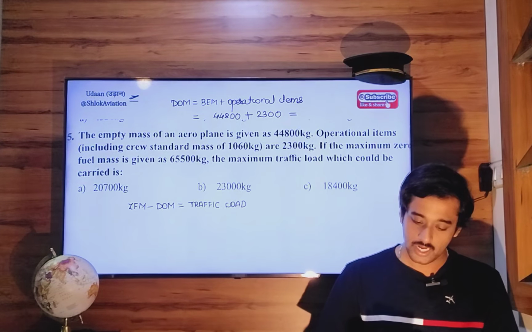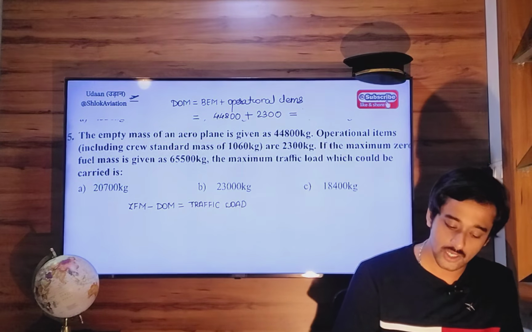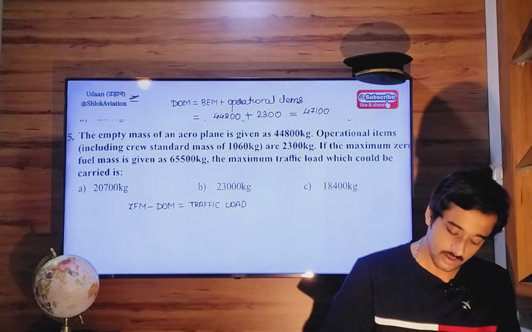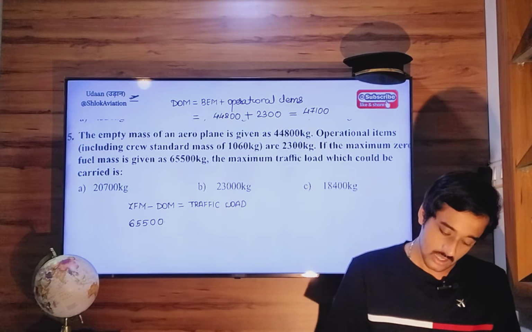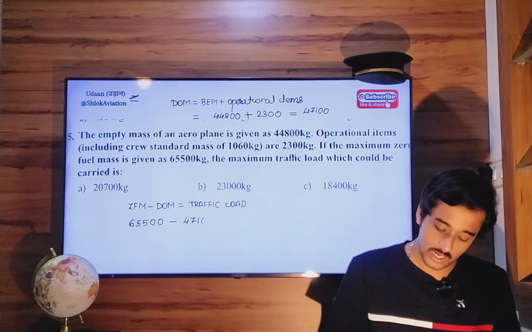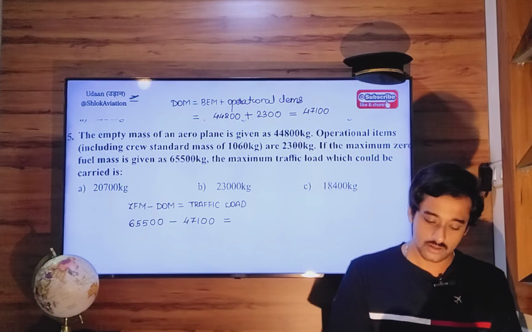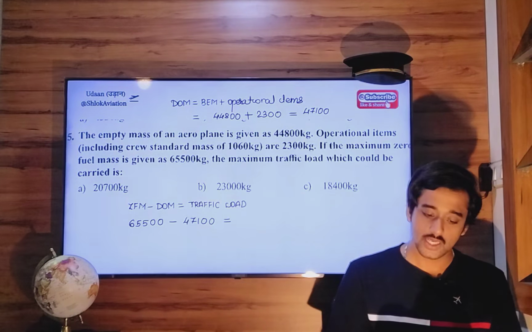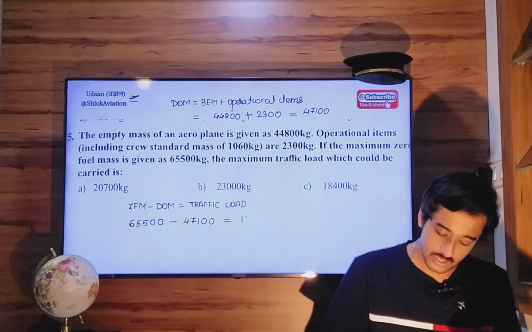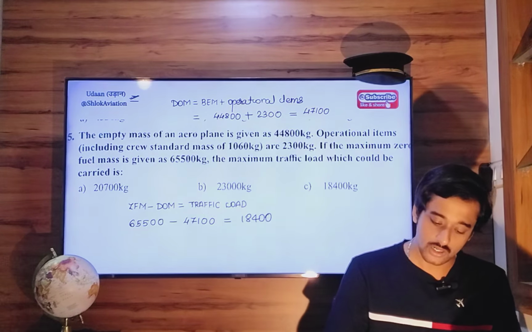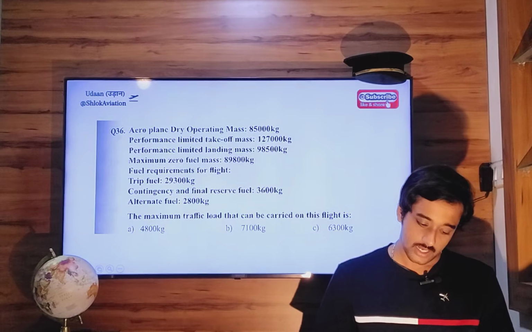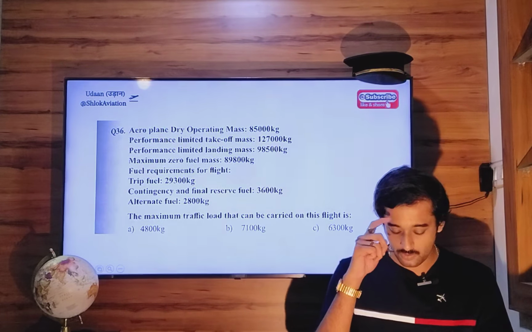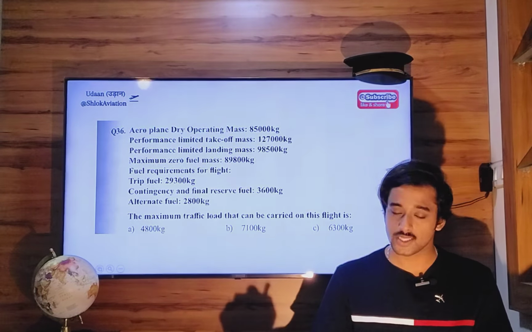So 44,800 plus 2,300 is 47,100. Zero fuel mass 65,500 minus 47,100 equals 18,400. So this is your traffic load or payload. Option C.